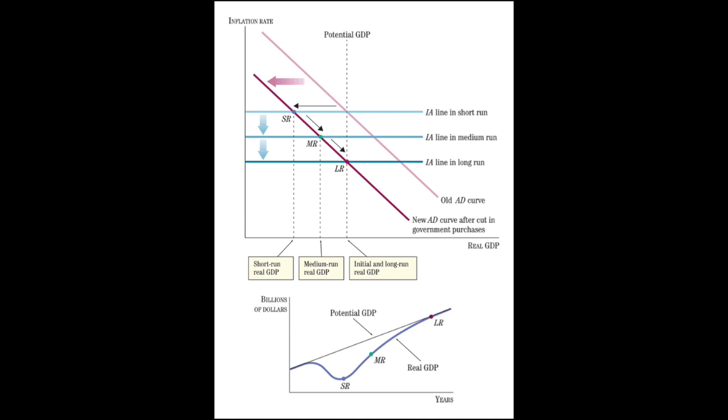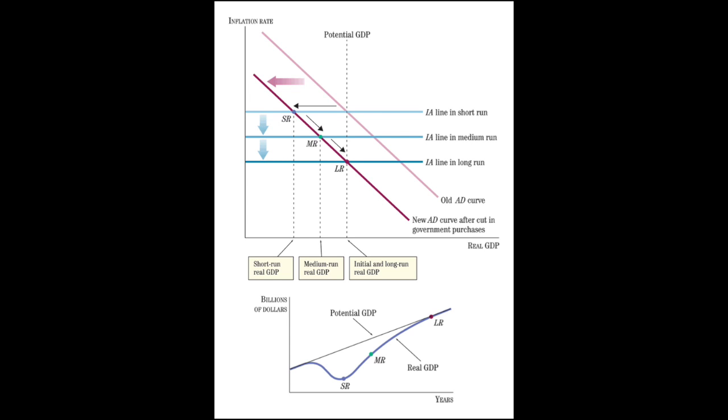The intersection between the new AD line with the IA lines for the medium run and the long run determine the medium run and long run real GDP for the economy. As the inflation adjustment line shifts downward, the equilibrium level of GDP increases. Note that the long run equilibrium real GDP for the economy is back at the potential GDP.